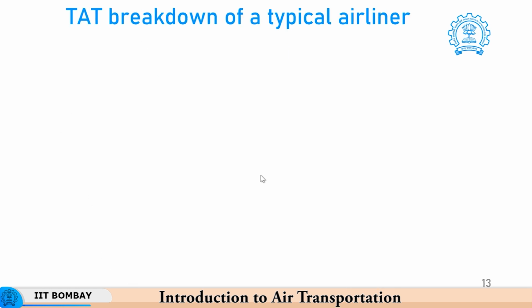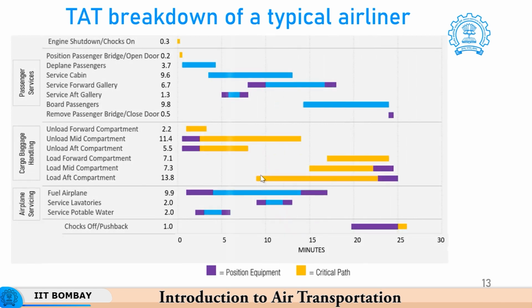Okay. So, let us look at the turnaround time breakdown of a typical airliner. These numbers are realistic, but they do not represent any specific aircraft. All I can say is that these are numbers which are more applicable for a medium range airliner in which the turnaround time is of the order of half an hour. So, in this case it is about 26 minutes.